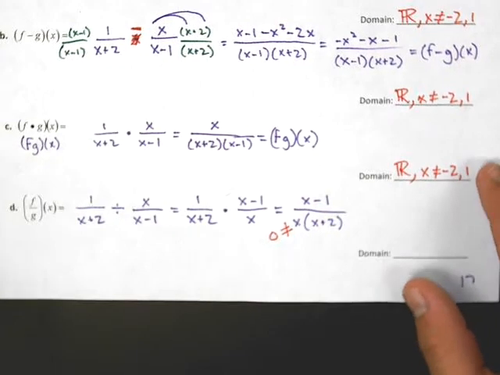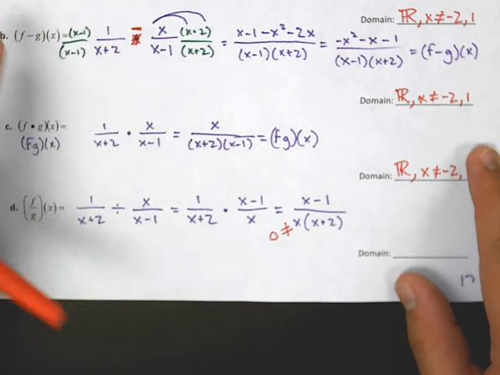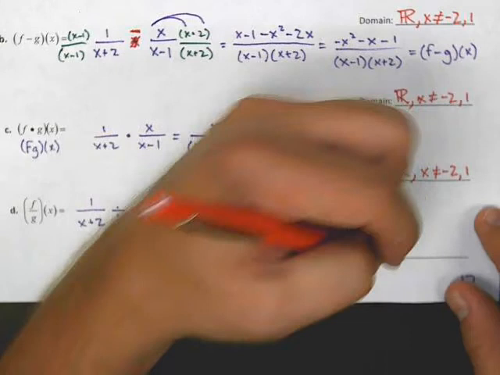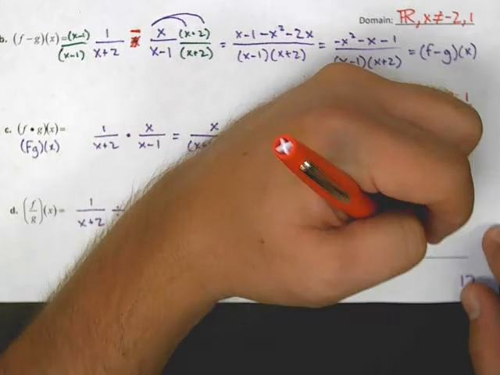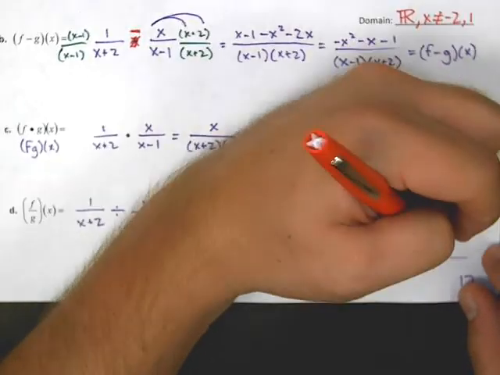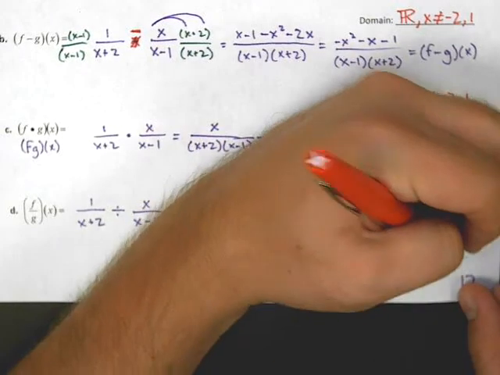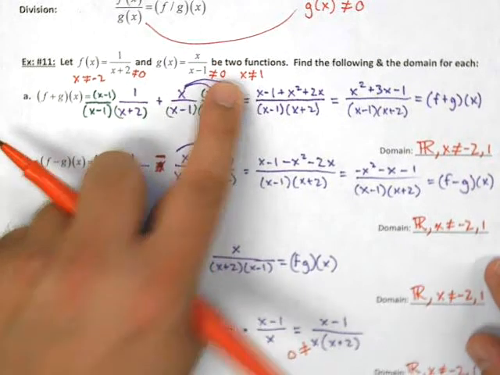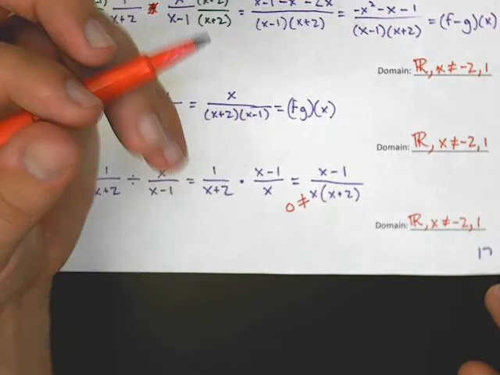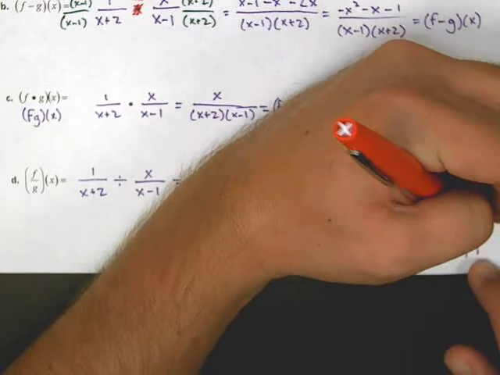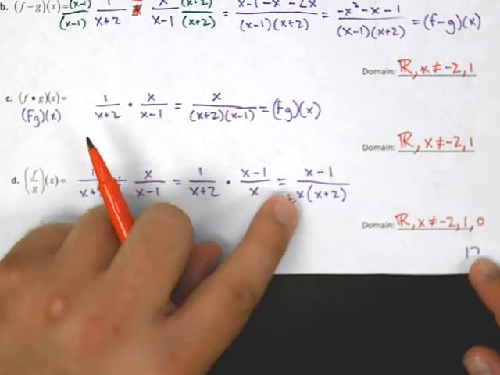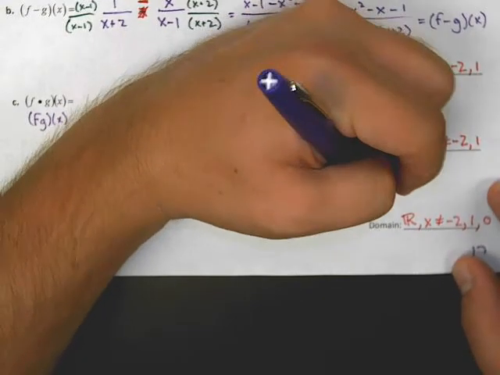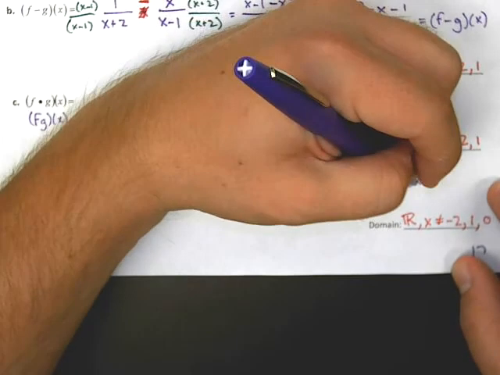So we have to use every single restriction that we've had from f, from g, and from our operation as restrictions, which means x cannot be negative 2. It still can't be 1 from the original. Sorry, I'm pointing at stuff you can't even see from the original g function. And now we can also add that it cannot be 0 from this operation. Okay, last thing, my bad, I forgot this once again, f over g of x.